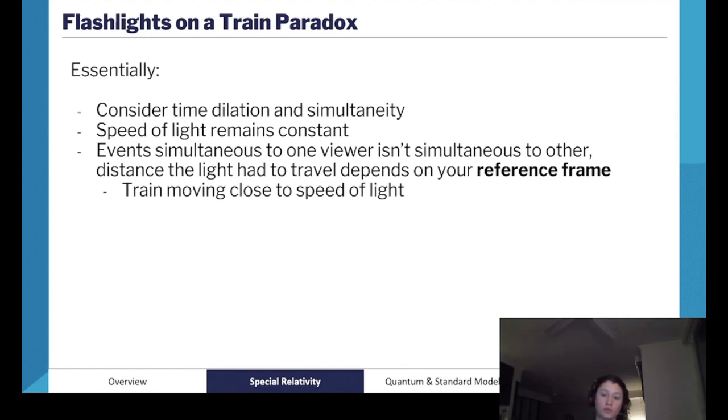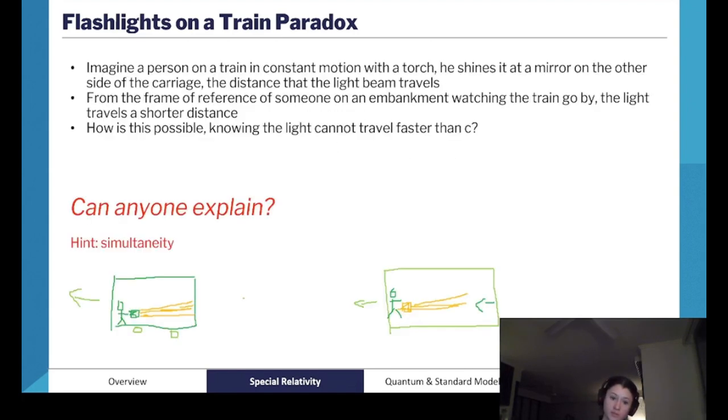So, the train moving close to the speed of light influences this, even though the person on the embankment and the person in the carriage see the light hit the end of the carriage at different times, just because they see a shorter distance, right? Simultaneity is relative based on reference frames. So that is the solution.